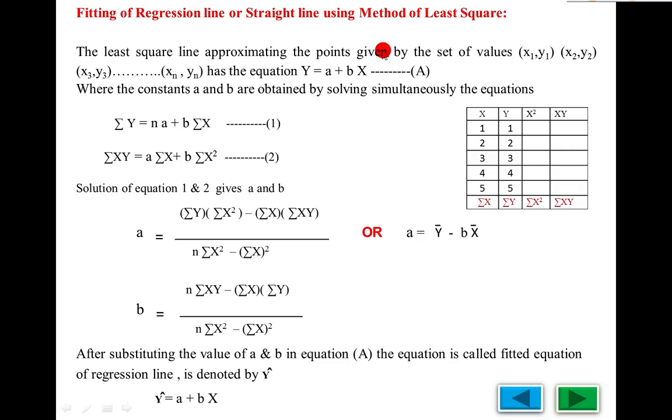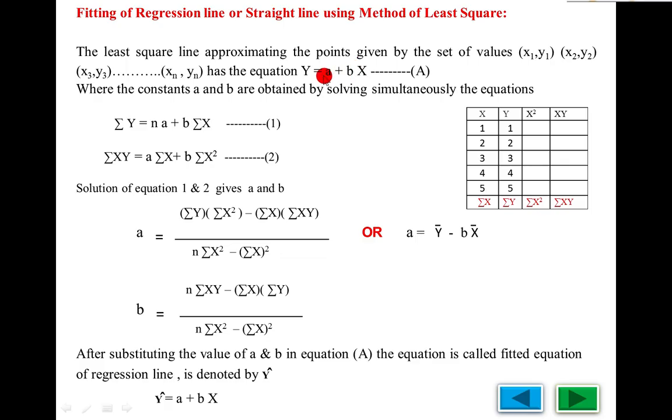For n observations we will use this equation. If the trend of the data, the scatter diagram, is linear or approximately linear, we use this model. In this model you have two variables, one dependent, one independent, and two unknowns, the constant term (intercept) and the slope.